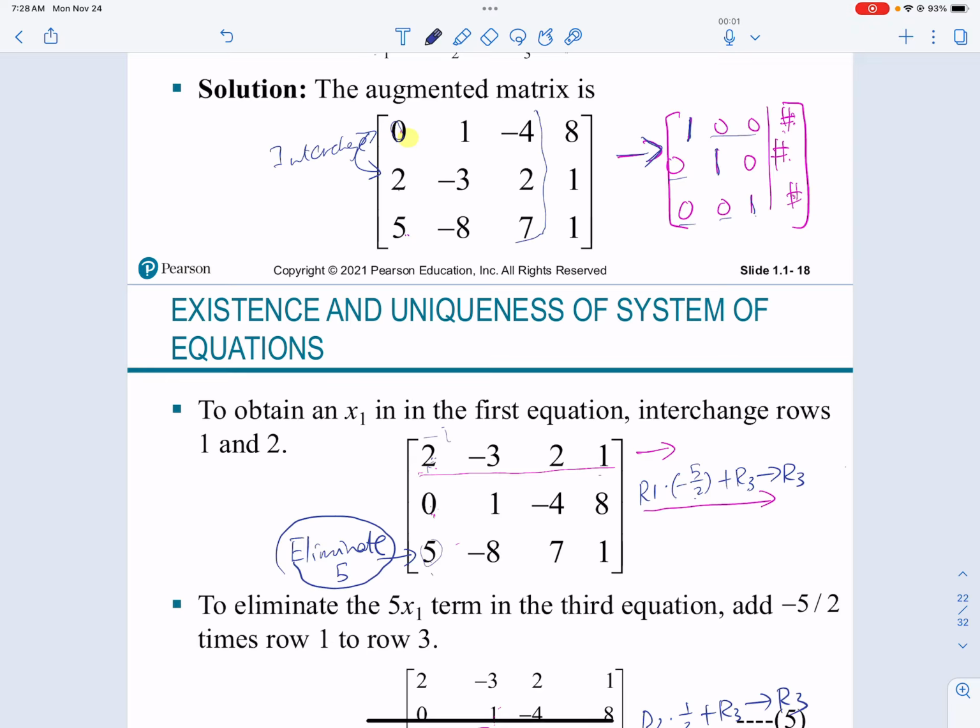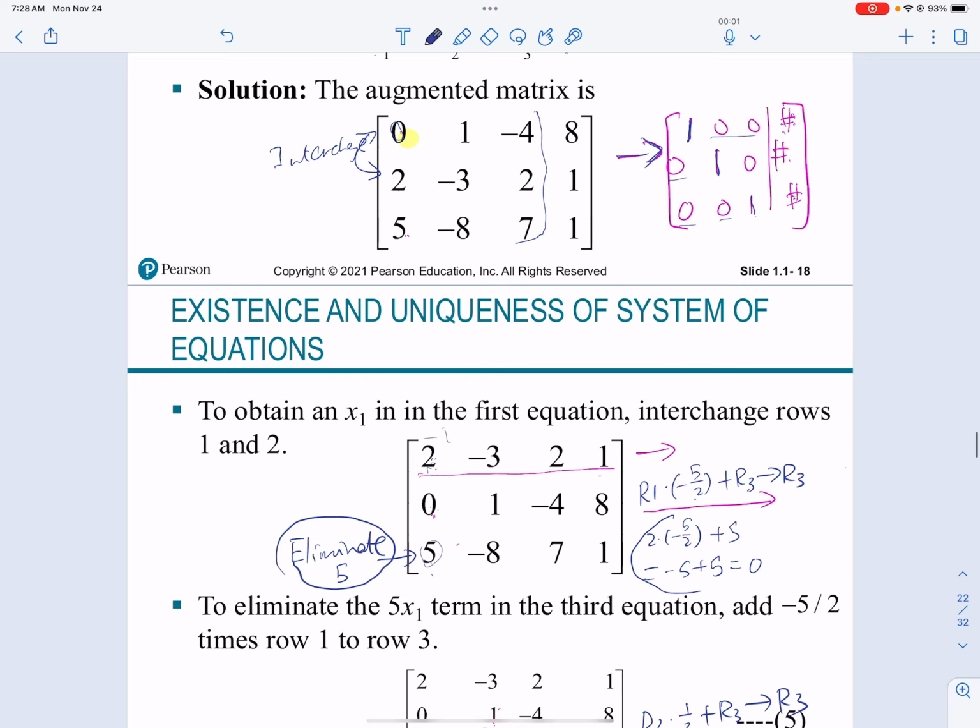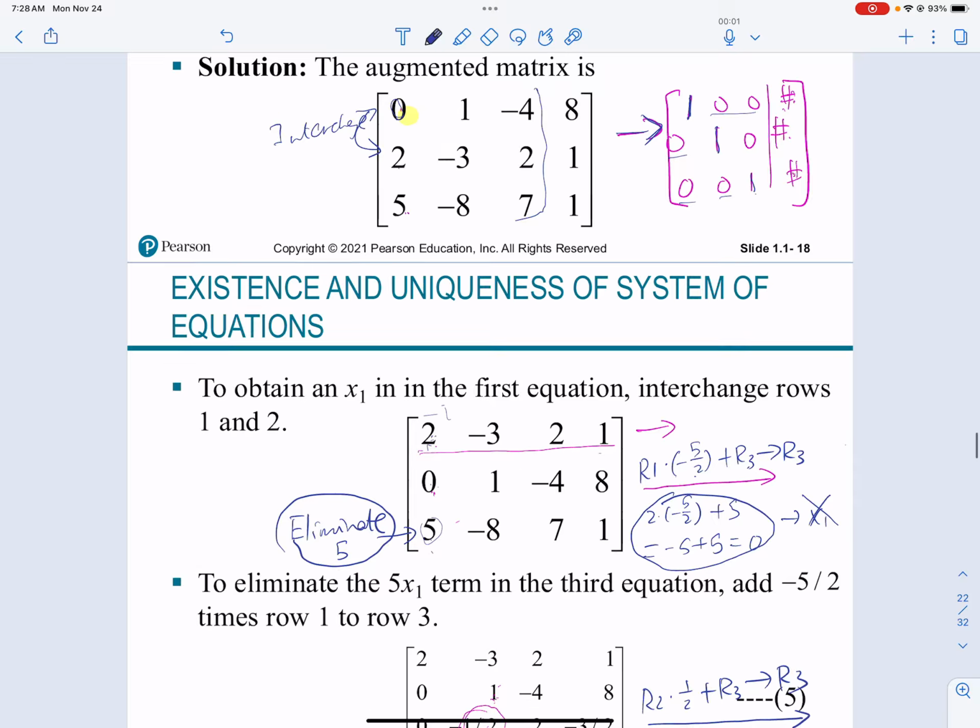Are you with me? So because 2 times negative 5 over 2 plus 5, negative 5 plus 5 is what? 0. Are you with me? So x1 will be gone. Yeah, so this is what we do. In order to make sure that the equation holds, if we do it on one variable, on the x1, you have to do it for the entire equation.